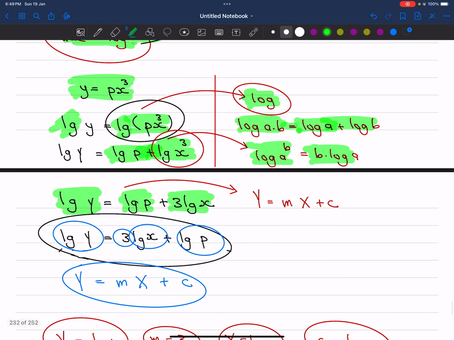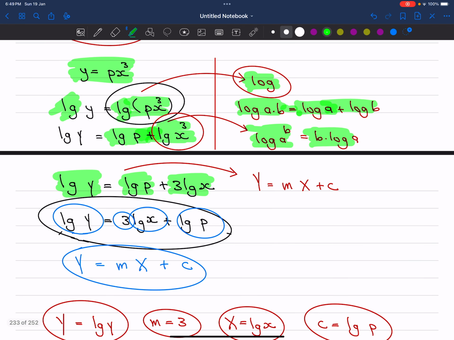Remember, LG means log base 10. Here, I must change it to y equals mx plus c, so on the right hand side I must have the x first. So 3 log x and log p, I exchange place: 3 log x plus log p. Left hand side, just copy back.